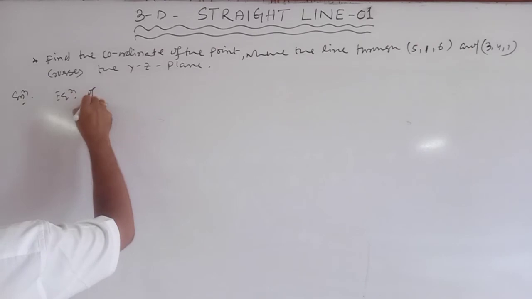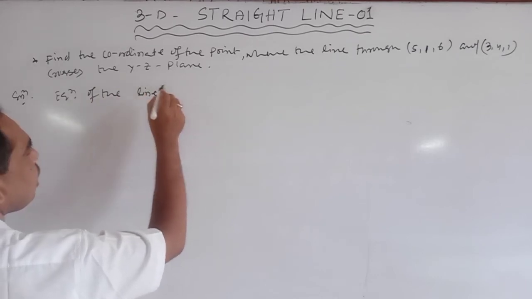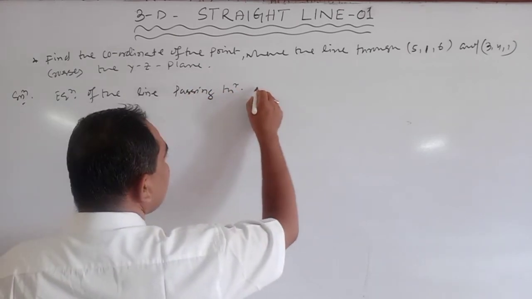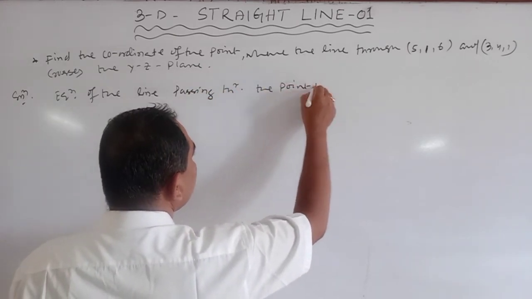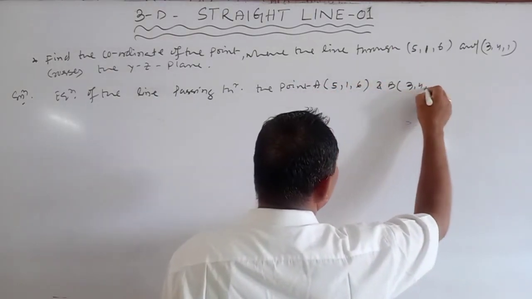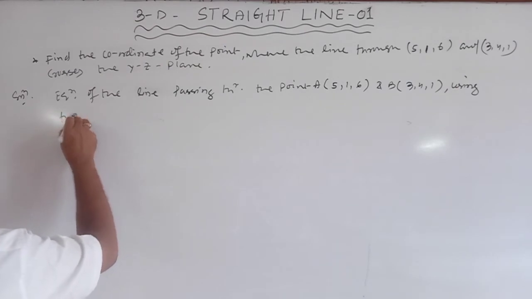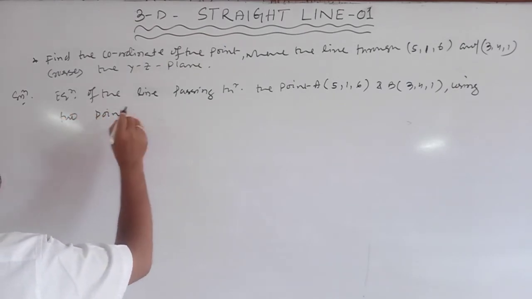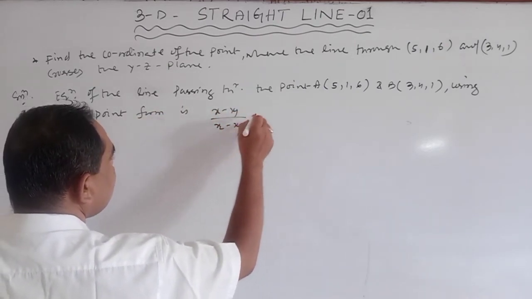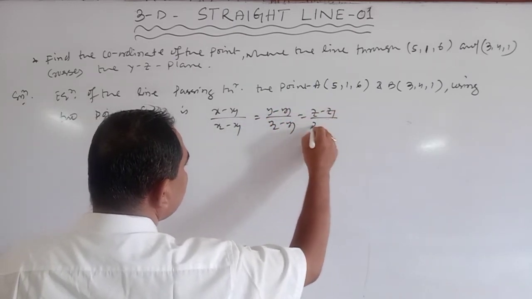Solution: equation of the line passing through the points A (5, 1, 6) and B (3, 4, 1) using 2-point form is x minus x1 by x2 minus x1 is equal to y minus y1 by y2 minus y1 is equal to z minus z1 by z2 minus z1.